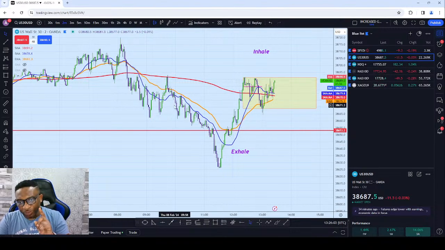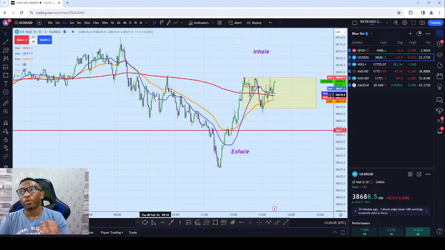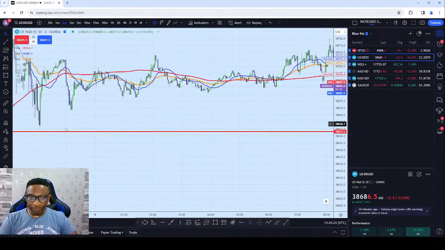We don't trade against the moving average. So if the moving average is going down, we trade going down. We look for sell opportunities. So all the green candles going up, we avoid them and look for the red candles or the purple candles, as I have on my charts, to trade down.